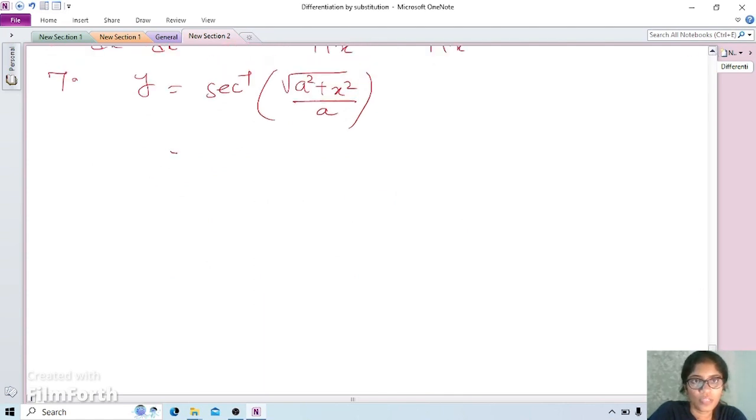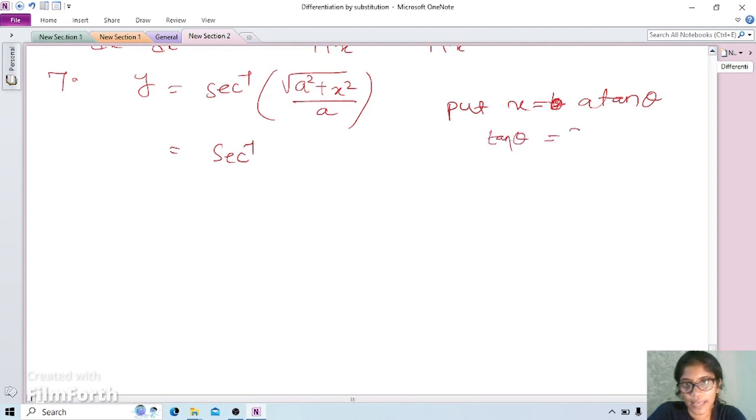Now taking dy by dx is equal to d by dx of tan inverse x by a. Formula of derivative of tan inverse x is 1 by 1 plus x square. In place of x, there is x by a, that means square.